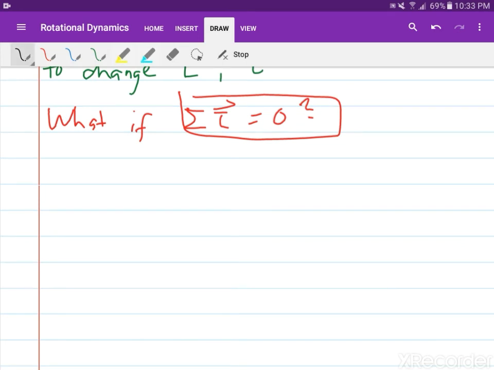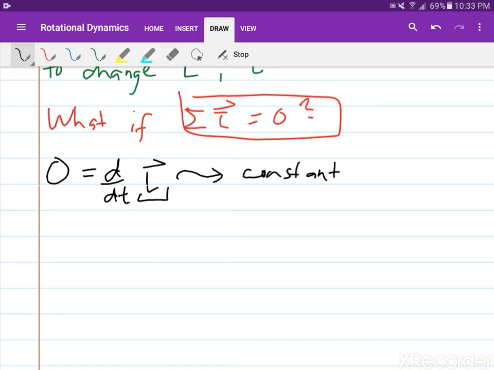So if that is the case, 0 equals the time derivative of L. So when we have a derivative of a function to be 0, that means that function is constant with respect to that derivative, with respect to time.